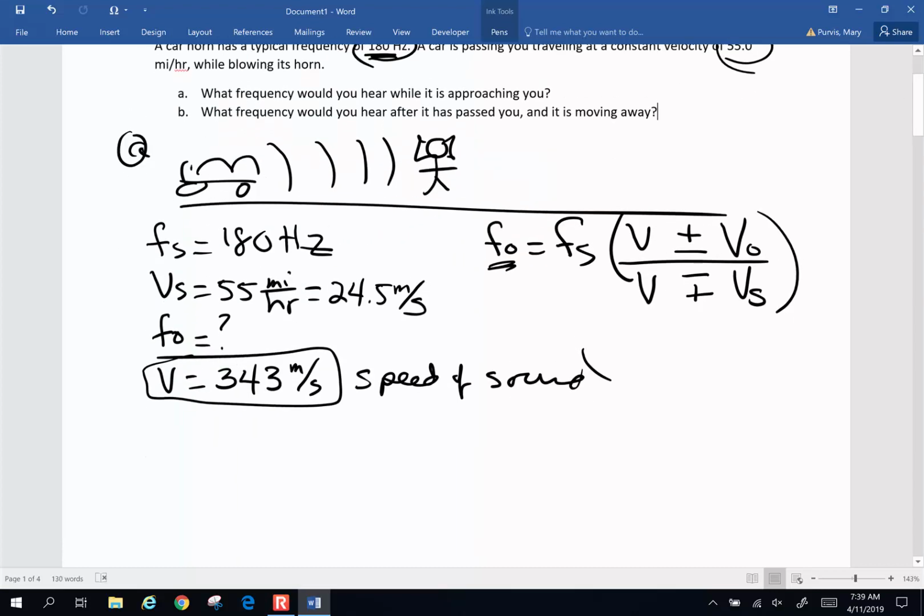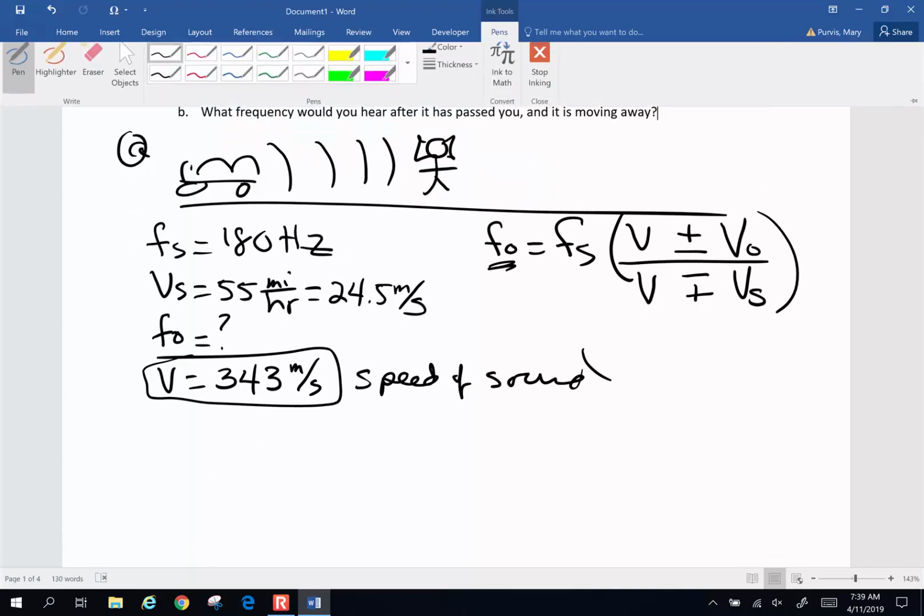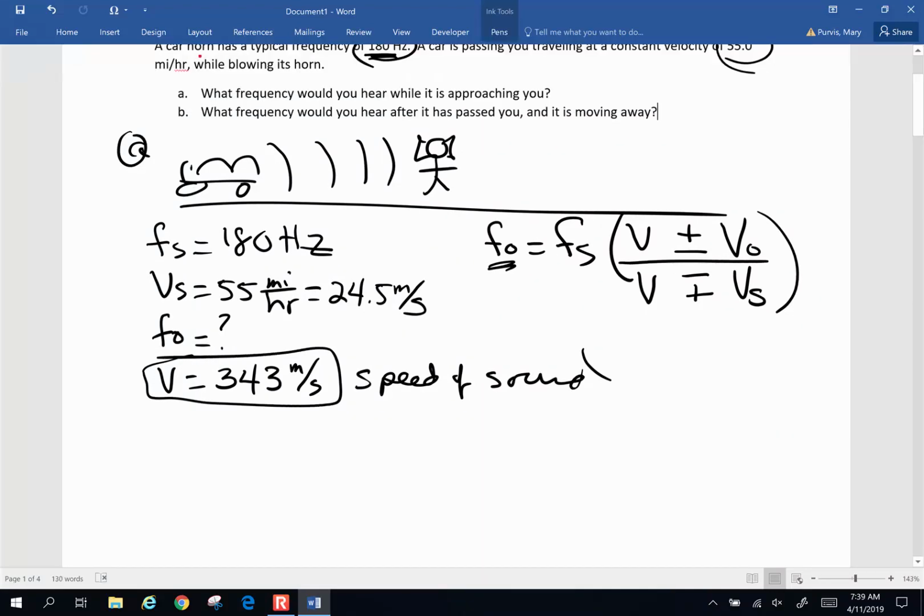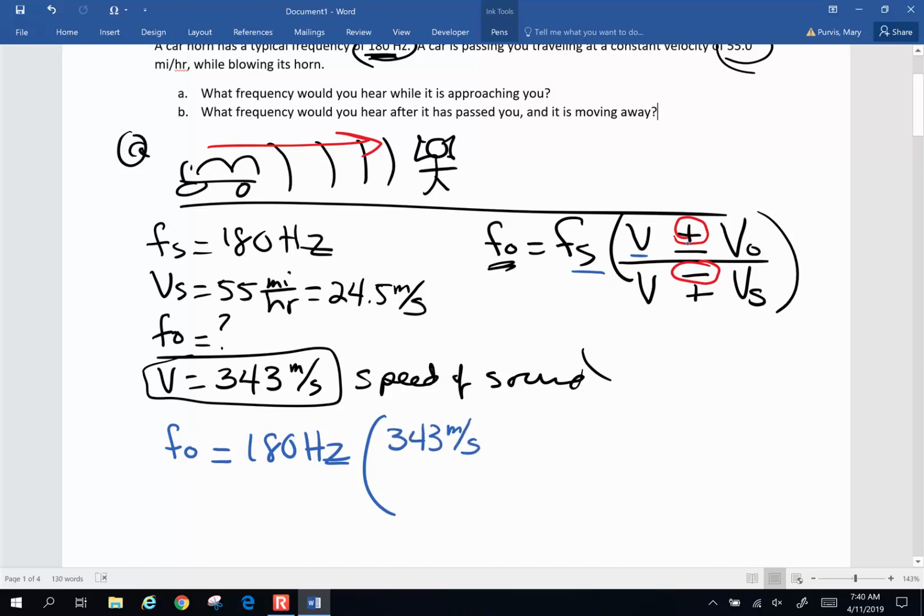It also says it's approaching you. Now, if you recall from what we've talked about in lecture, if the source is moving towards you, you are going to use the top set of plus minuses. So we're going to write this out, and it's going to look like this. The frequency observed is the frequency of the source, 180 hertz, times the velocity of the wave without any additional motion, plus, because it's towards, the velocity of the observer.